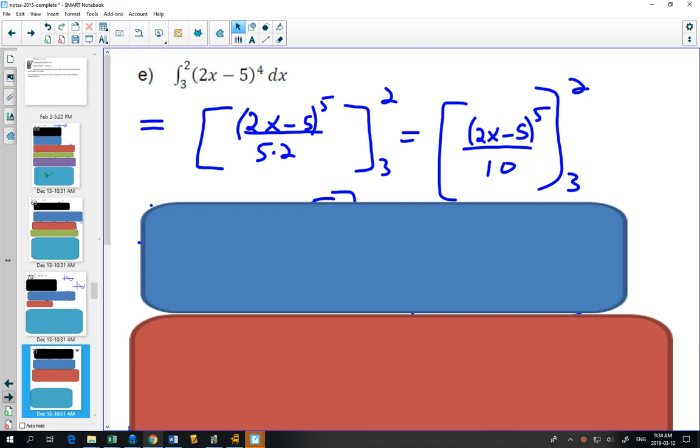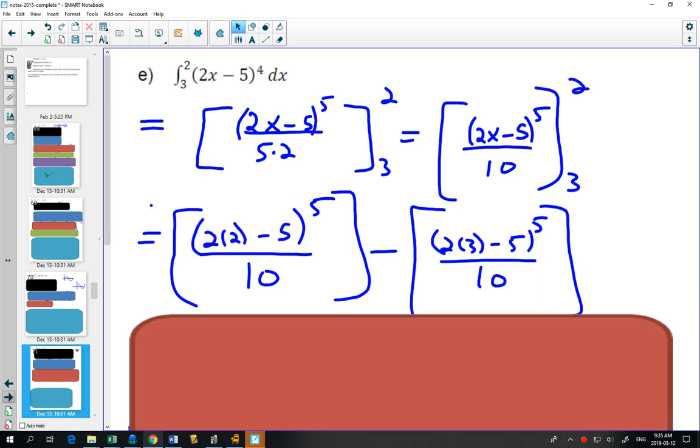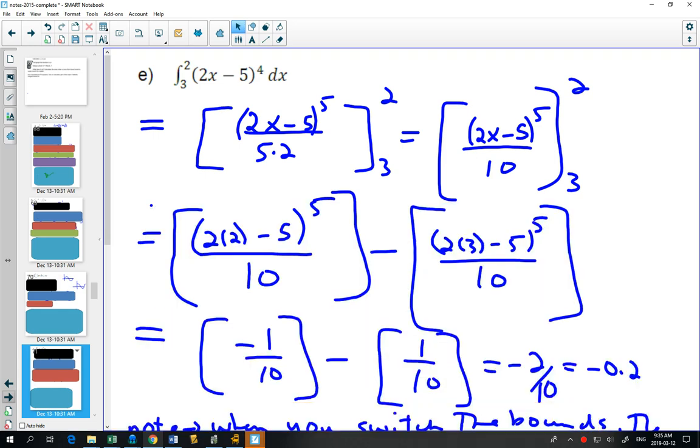It doesn't make sense with our graph as far as area goes, because our areas are when we go from a lower one to an upper one, but we can still calculate things. We can still follow the rules, plug in our numbers, use our calculator to calculate this, or in this case, we could do it without having to use our calculator to get negative 0.2.